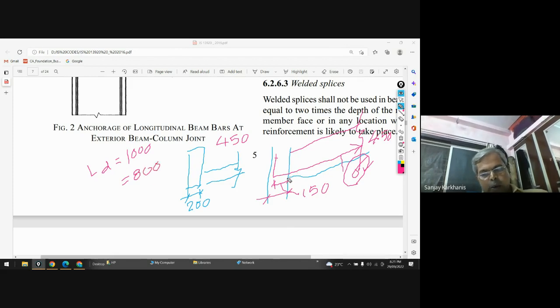And what is available? That's why the code says that this width shall not be this. Minimum 300.